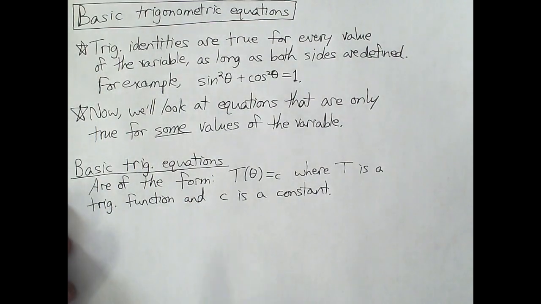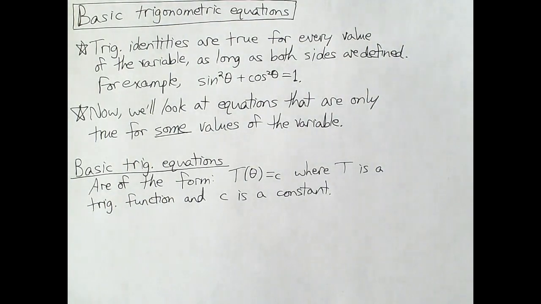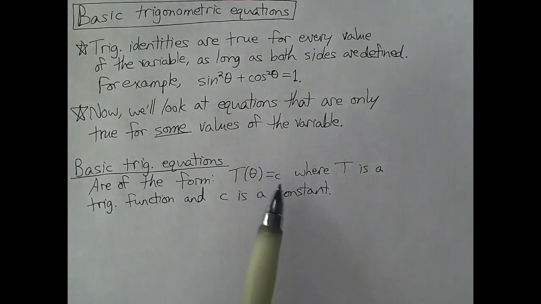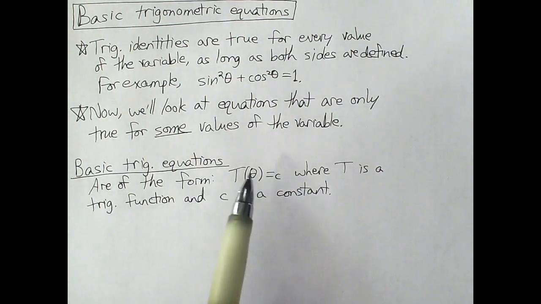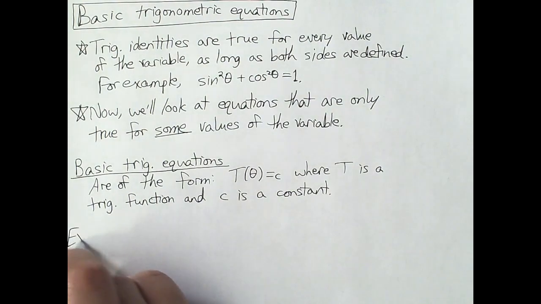And I'll show you what we're going to be doing. Usually in math when we have equations, we want to solve for the unknown variable. And that's what we're going to be doing here. We'll have something like sine of theta equals a constant, or cosine of theta equals a constant, or cosecant theta equals a constant. All of those would be basic trig equations, and we want to know how to solve for the variable theta. So I'll show you an example.